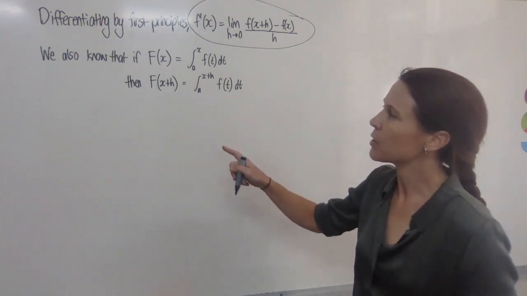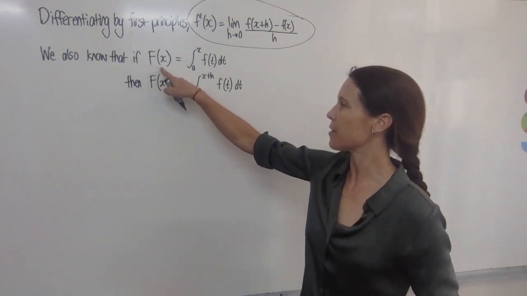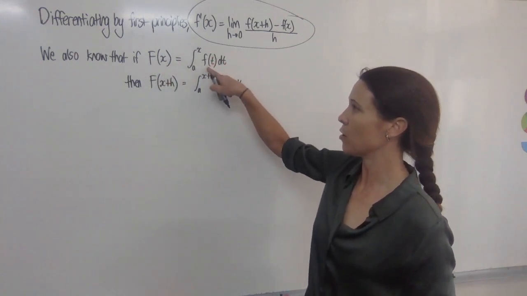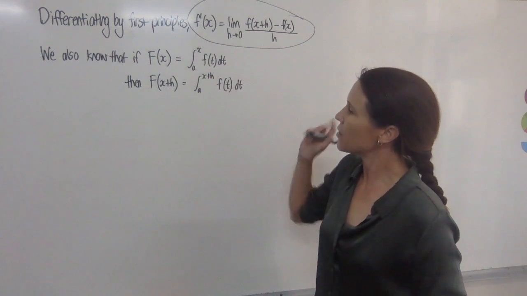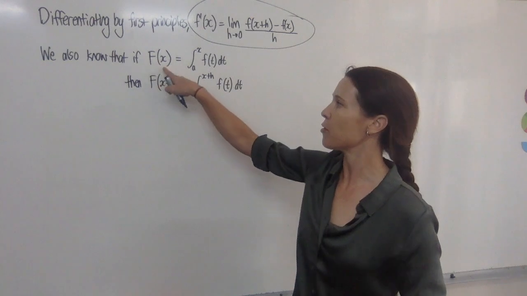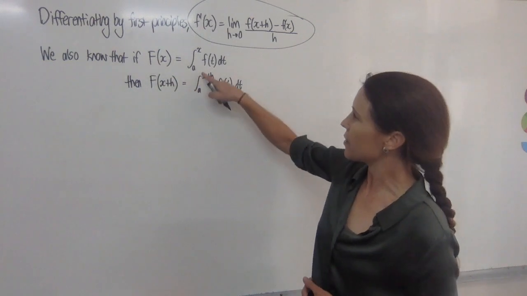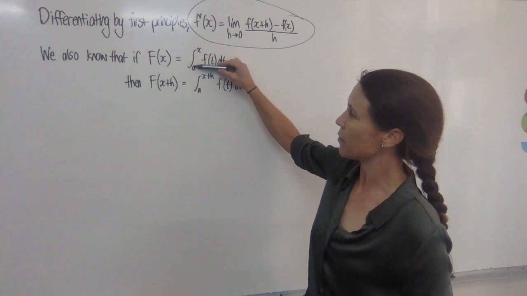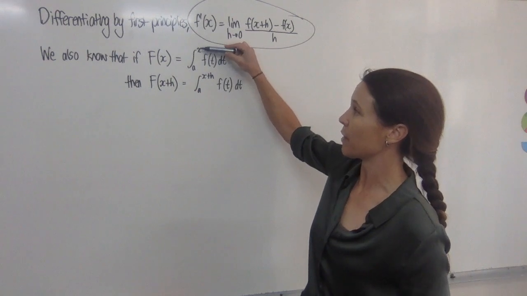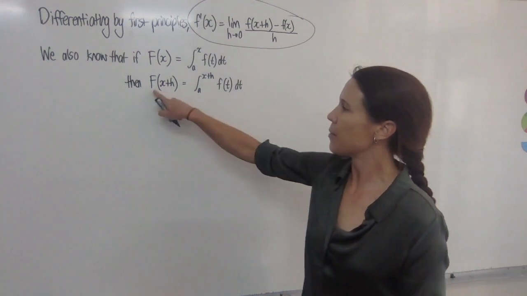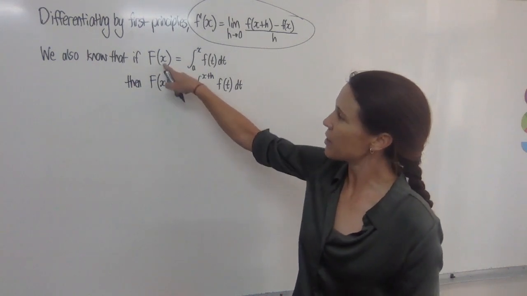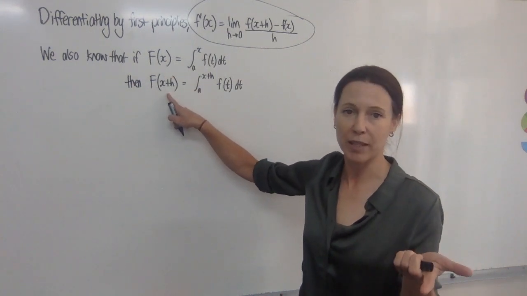Now, something else we also know, we've defined big F of x as this sum of areas underneath the curve, and we've got this notation to show it. And so it makes sense that if big F of x is the area from the lower bound of a up to the upper bound of x underneath some curve, y equals f of t, then big F of x plus h, well, the only difference here is that the x has been replaced with x plus h.